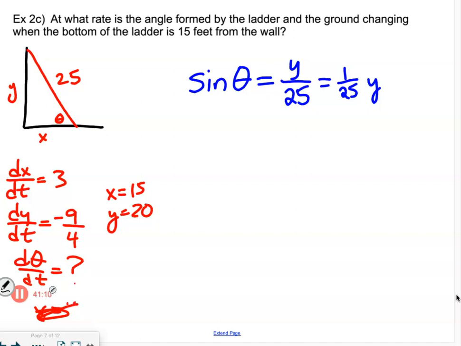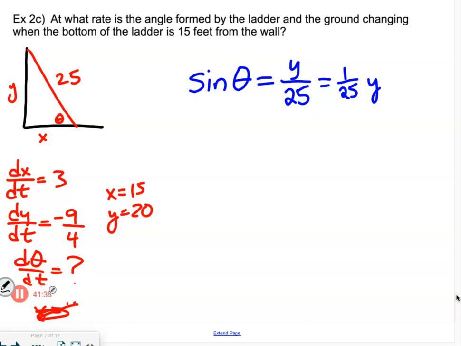Let's see, is that a T? Okay, and so we're kind of close. The derivative of sine theta is cosine theta times... And then this is just y.